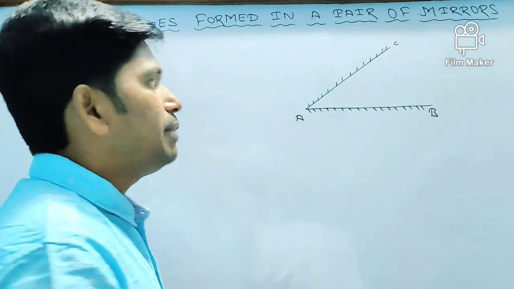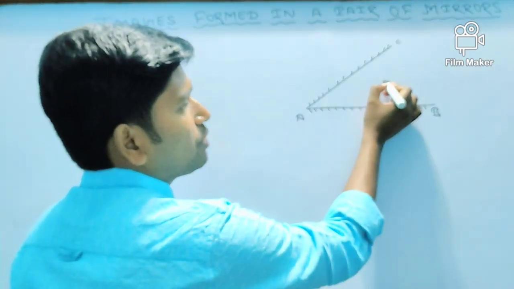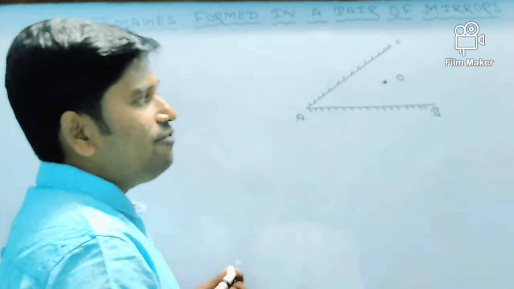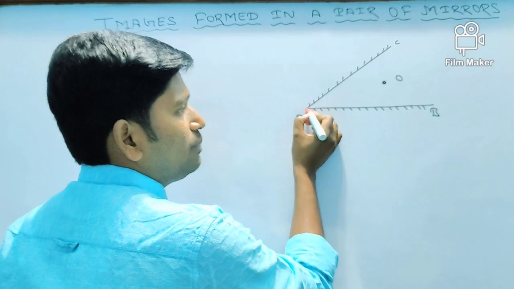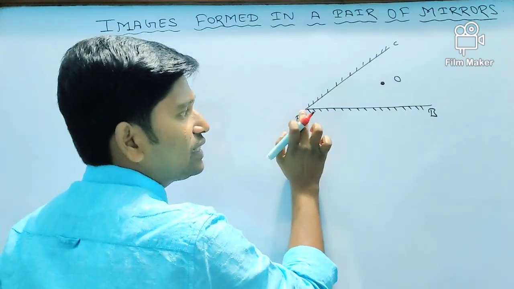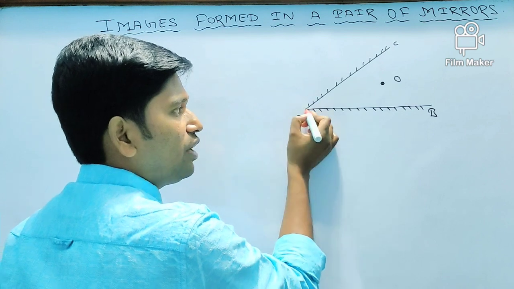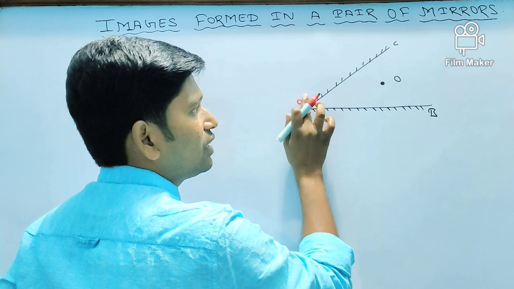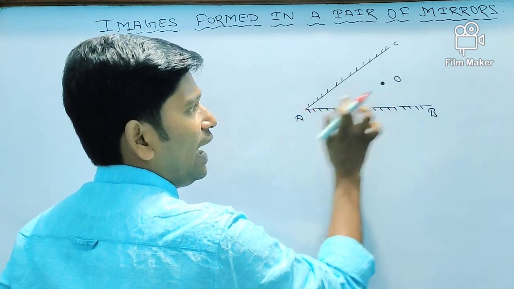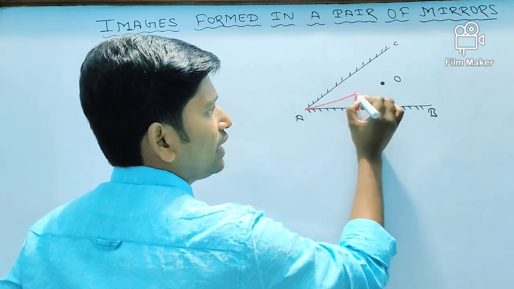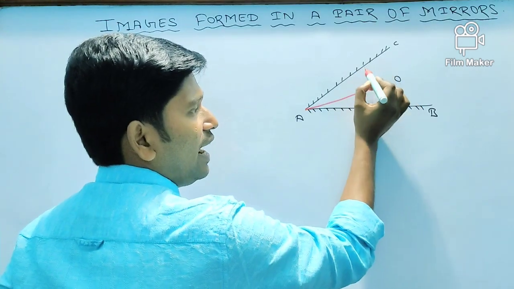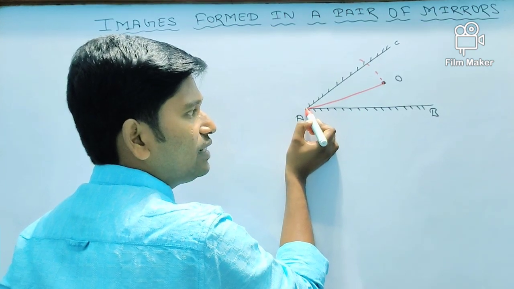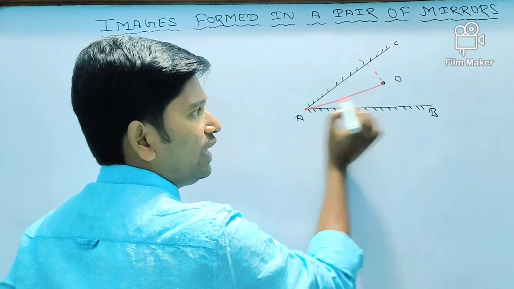So see, suppose an object is kept in between. Let this be the object O. Then if we see this point where the two mirrors intersect, this point acts as a center, and if we take AO as a radius and draw a circle, suppose A is the center and OA is the radius.